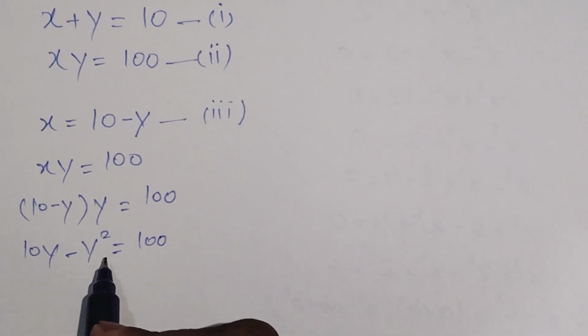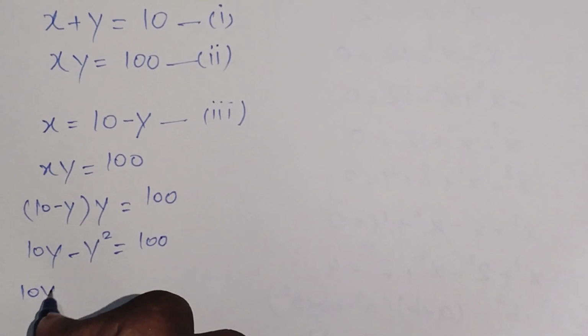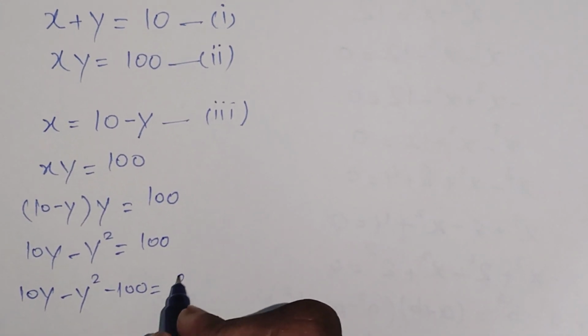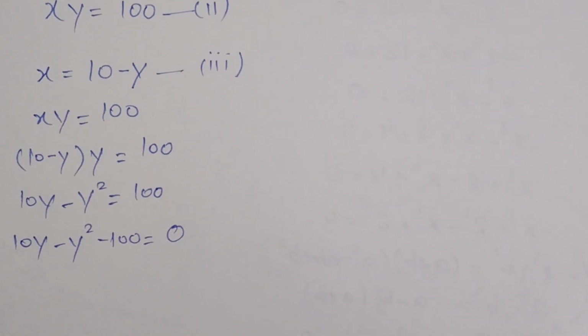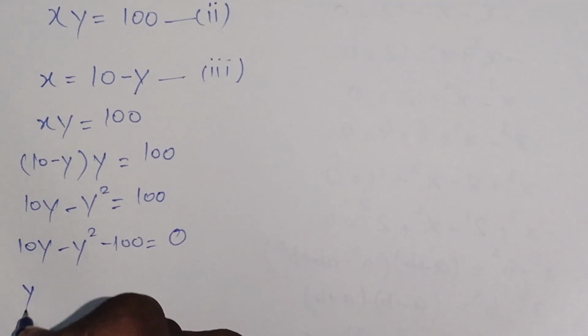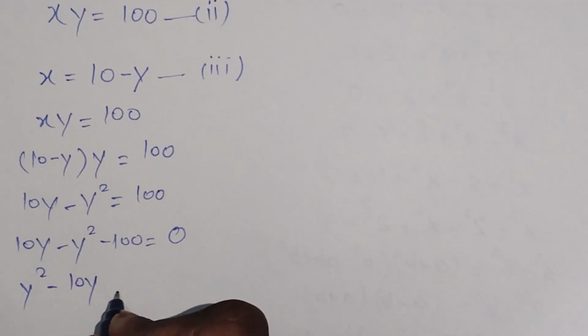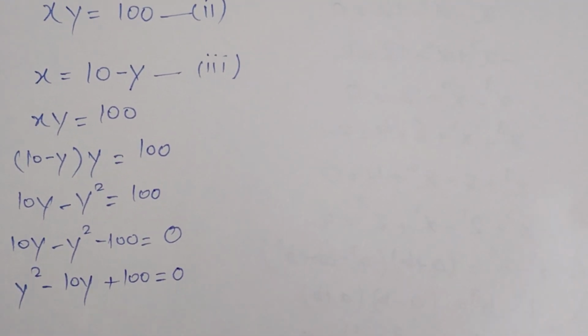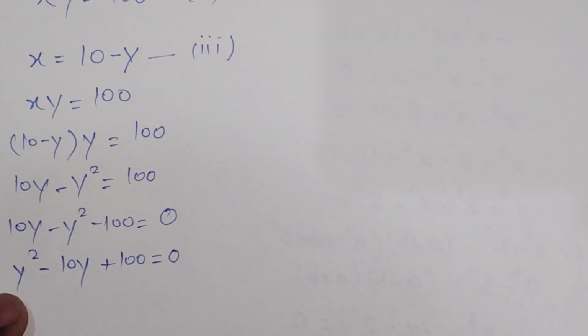Now we will subtract 100 on both sides. We get 10y minus y square minus 100 equals 100 minus 100, which is 0. We multiply both sides by negative 1, so we get y square minus 10y plus 100 equals 0. Here this is a quadratic equation.